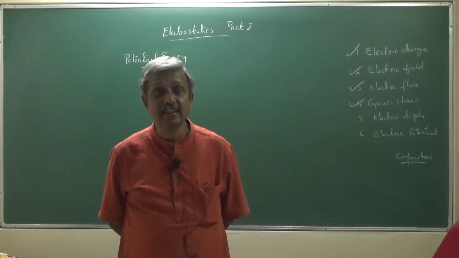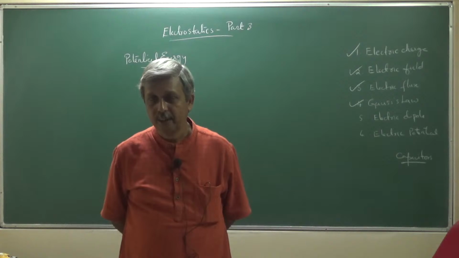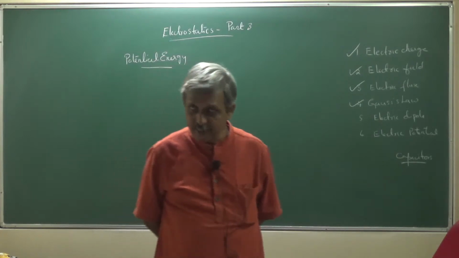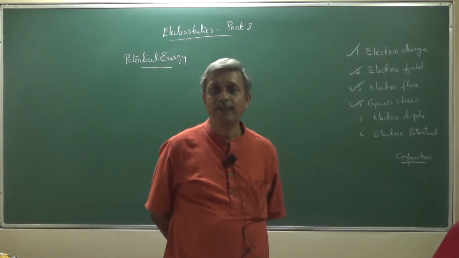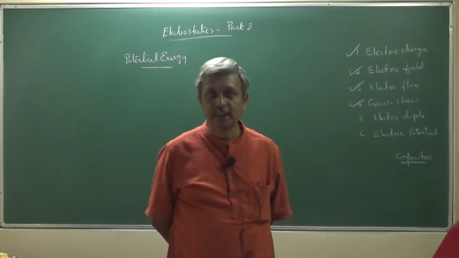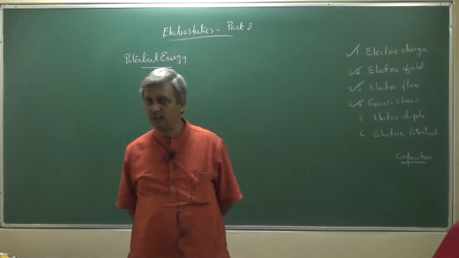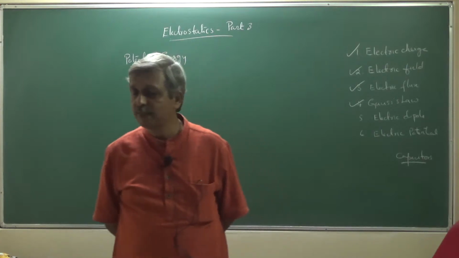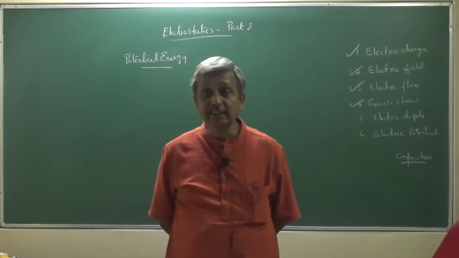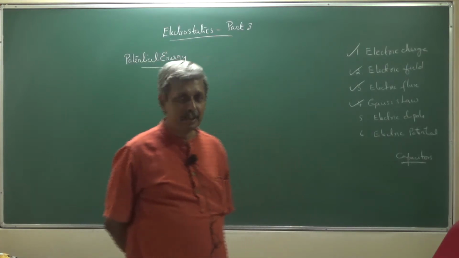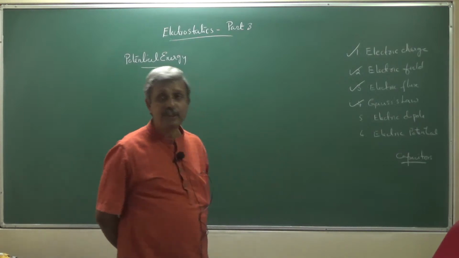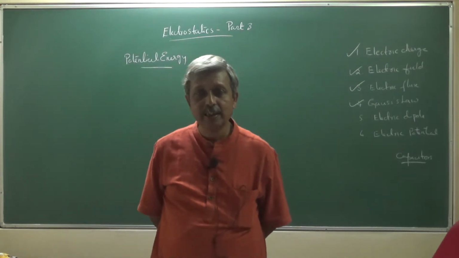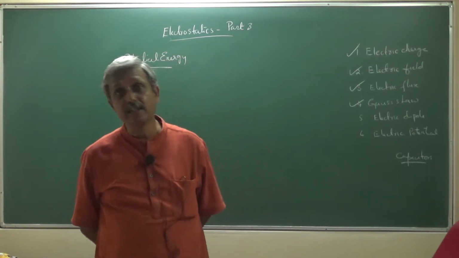There is nothing like that. So in some forces, potential energy is possible, and in certain forces, we don't talk about it. The reason is the forces which we call conservative forces. Potential energy is only there in the conservative force, not in the non-conservative.